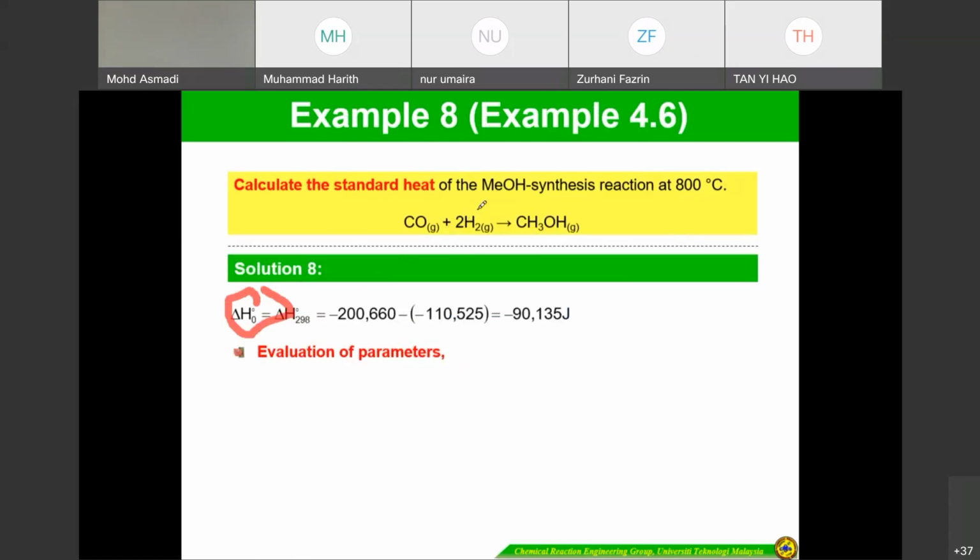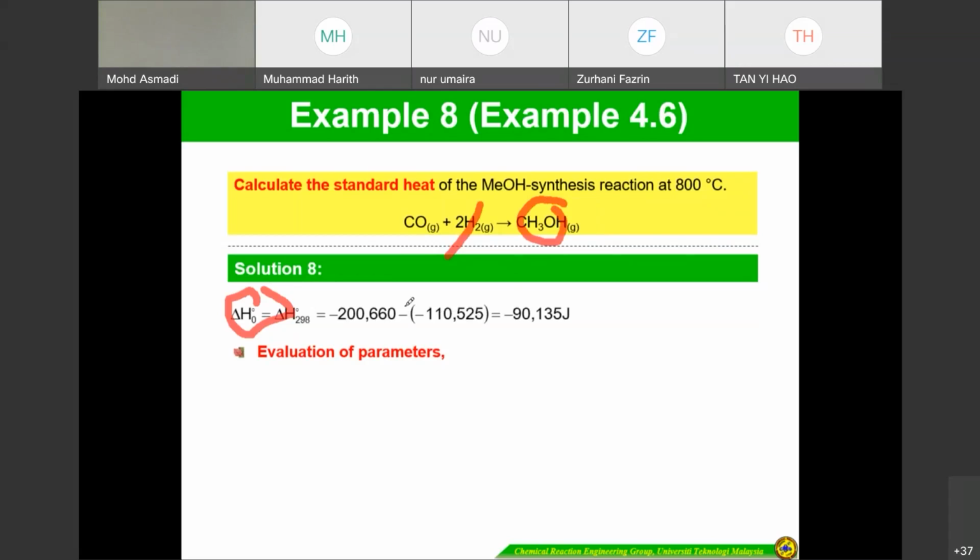So if you look here, this is the element. If you find it from table C4, CH3OH, methanol, right? So for the methanol it is 238. No, 200.